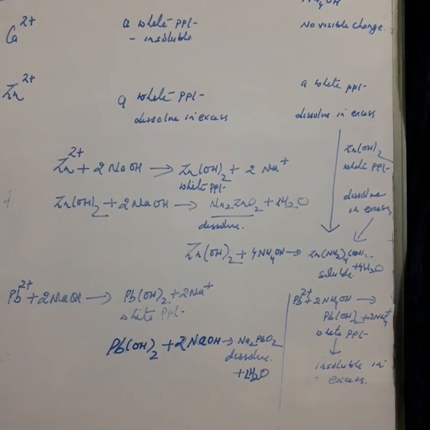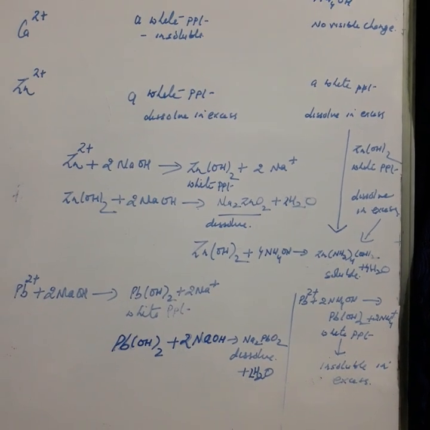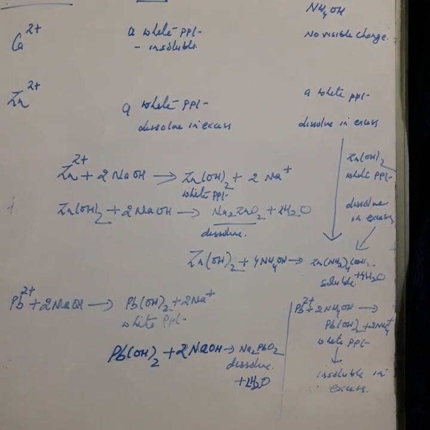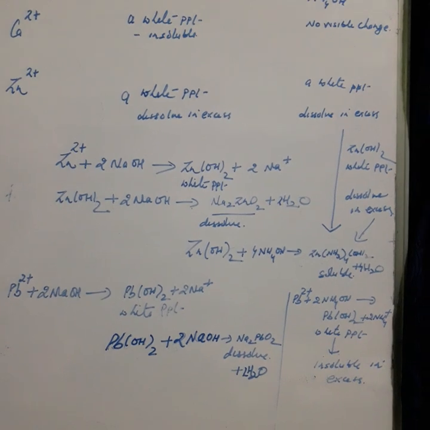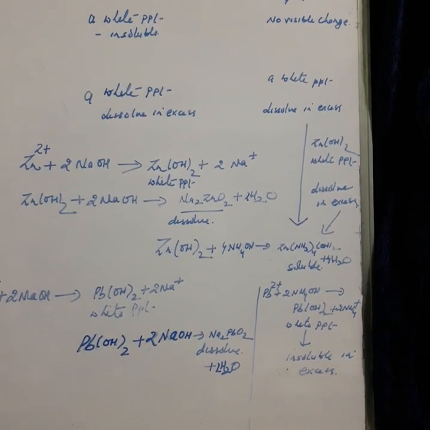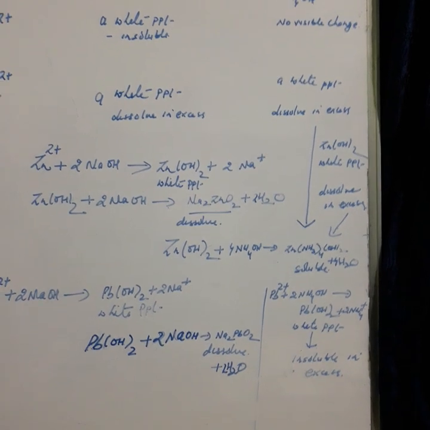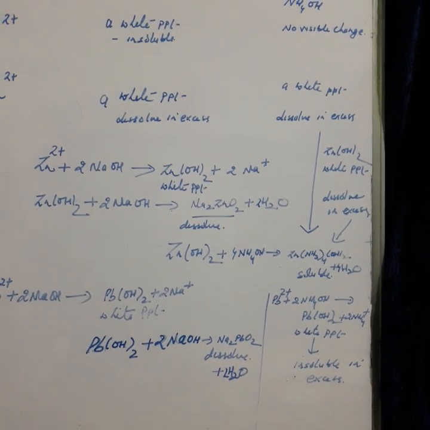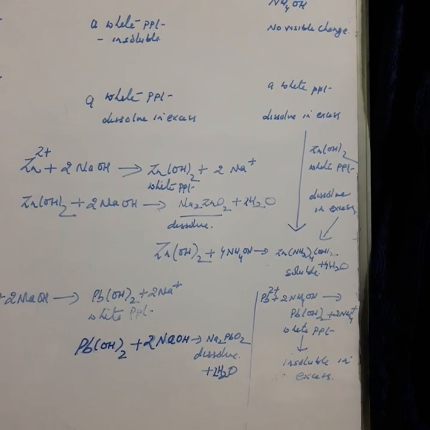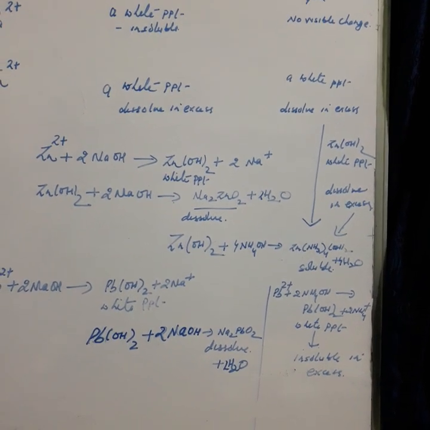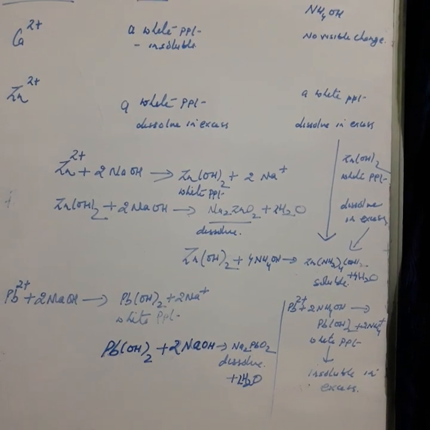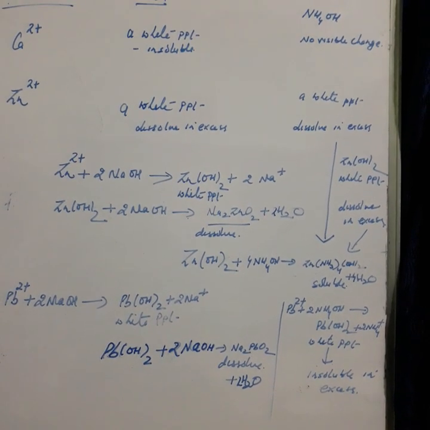Zinc will give sodium zincate and lead will give sodium plumbate. Then how does lead salt solution react with ammonium hydroxide? With a small amount of ammonium hydroxide, lead will form white precipitate of lead hydroxide which will remain insoluble in excess. Is it clear?